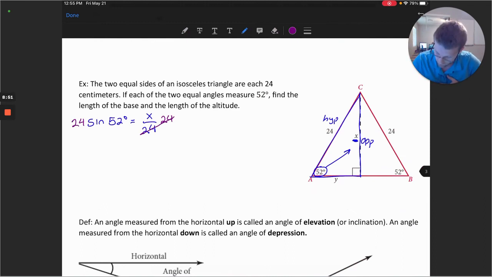And so if I go for x here, in this case, we'll maybe round to a couple decimals, just so we're thorough. We'll find that this is going to be 18.91 centimeters. So we have our altitude.